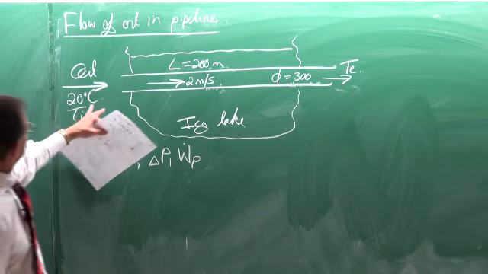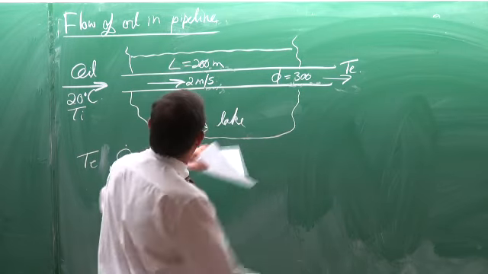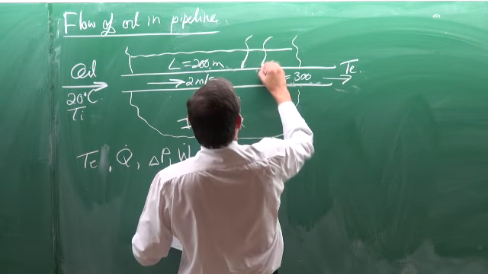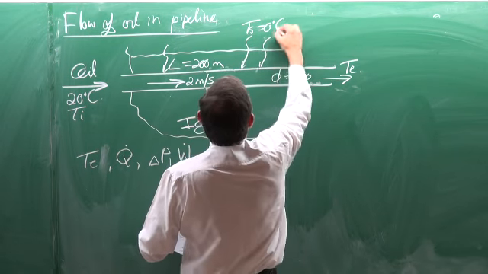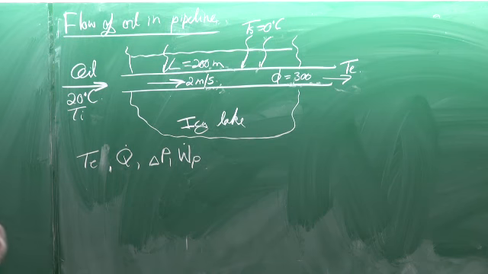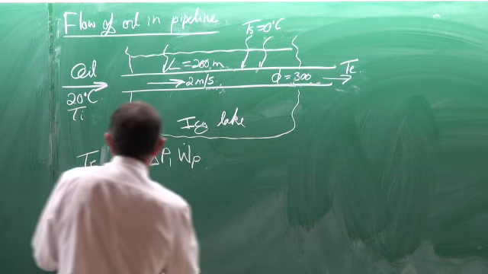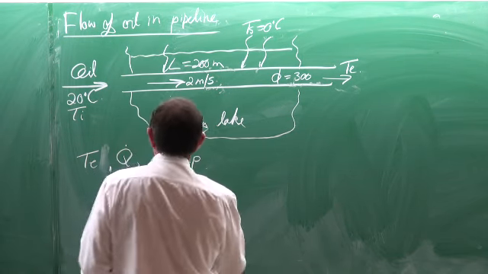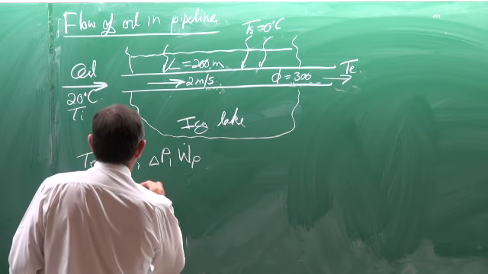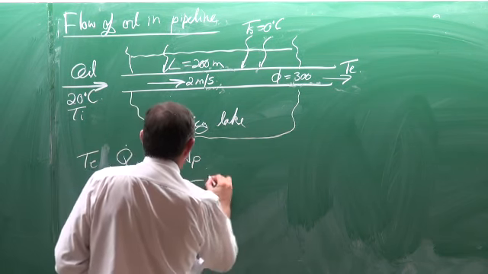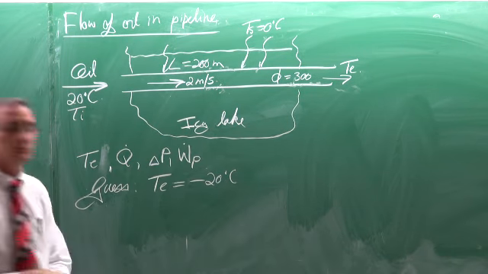The oil is going in at 20, you've got the icy lake, and therefore in this case we have a surface temperature which is 0. It's not a constant heat flux problem. The surface of the tube all the way would be 0 degrees Celsius. Now I'm going to guess that my outlet temperature is minus 20 degrees Celsius.